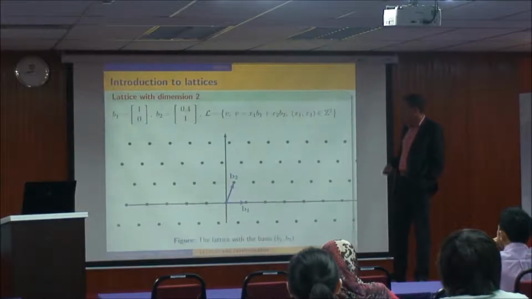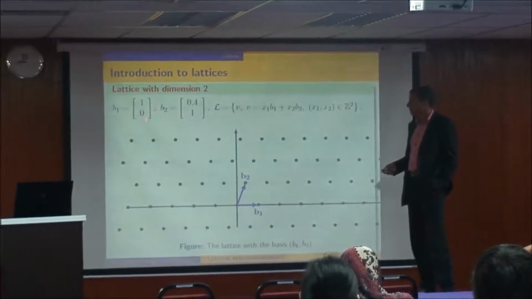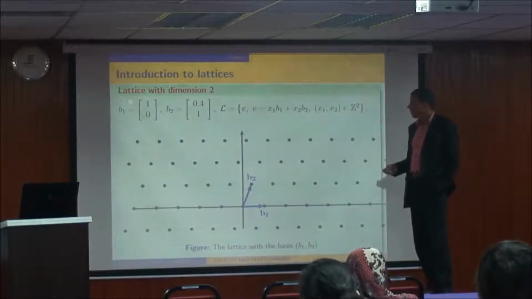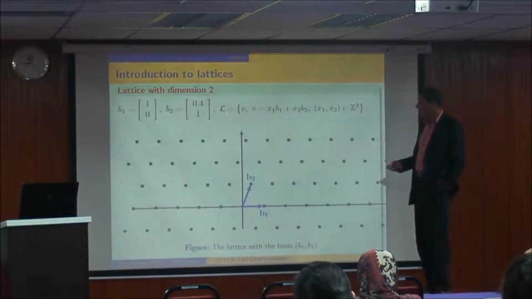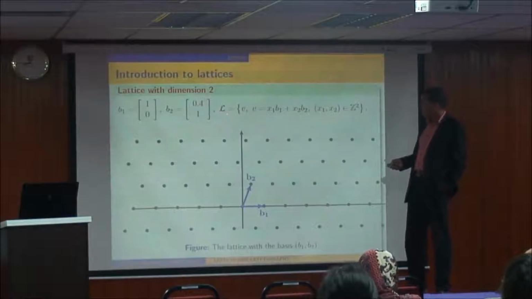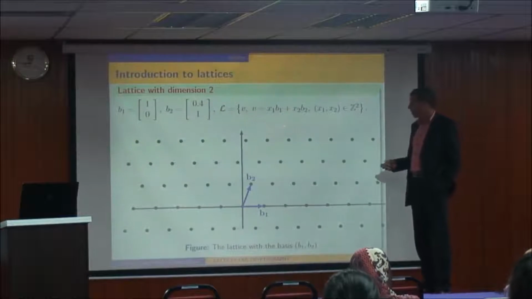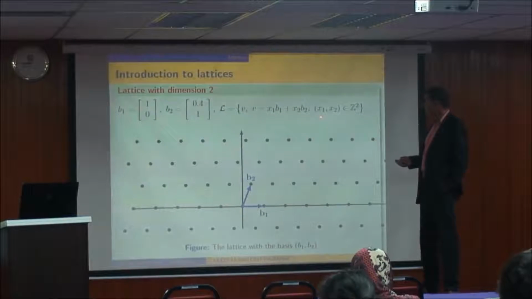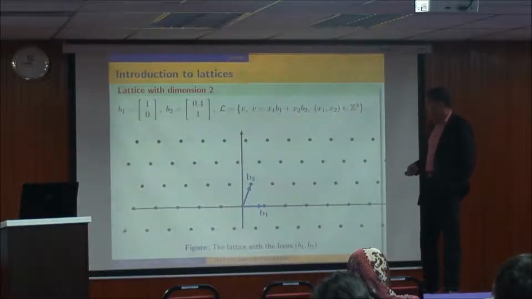And we can draw such a lattice. For example, in this picture, we have the vector b1 and the vector b2, and the lattice is the linear combination of b1 and b2, where the coefficients x1 and x2 are integers.